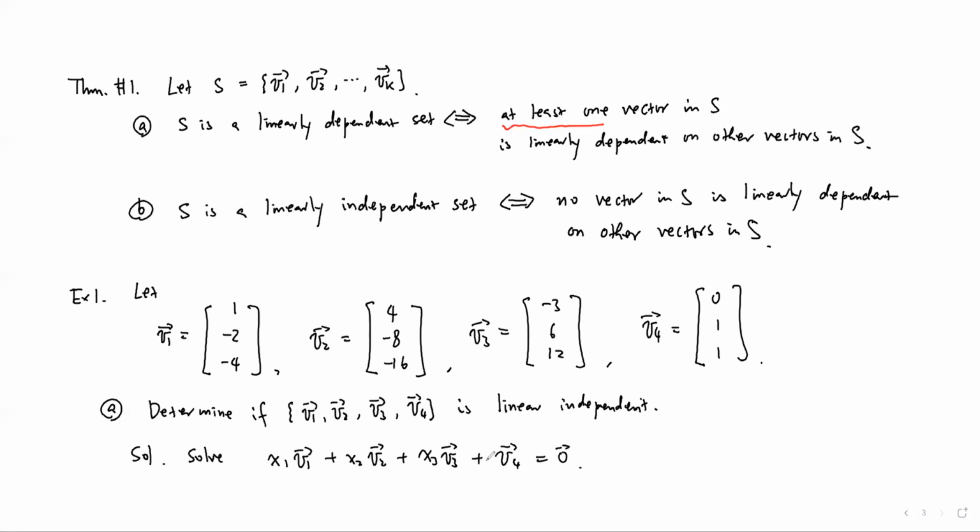Now, let me solve it. This vector equation is a linear system. The augmented matrix of this linear system has first column V1, second column V2, then V3, V4, and the right-hand side is 0.